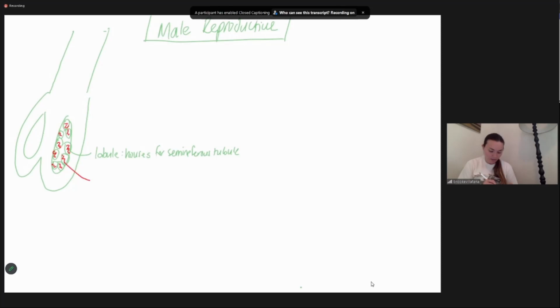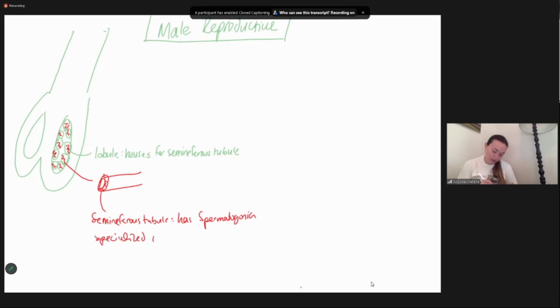So we have our little seminiferous tubule lined with little cells going through meiosis, and this seminiferous tubule has spermatogonia. Spermatogonia are specialized cells that go through mitosis and meiosis.